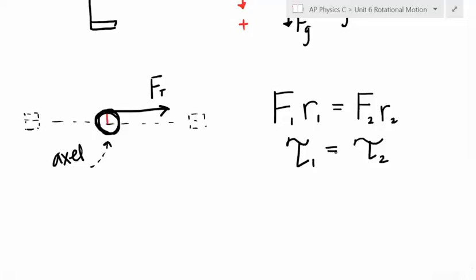So angular acceleration is analogous to linear acceleration. Your angular speed is analogous to the linear speed. Your linear position, like delta x, is analogous to your angular change in position, delta theta.